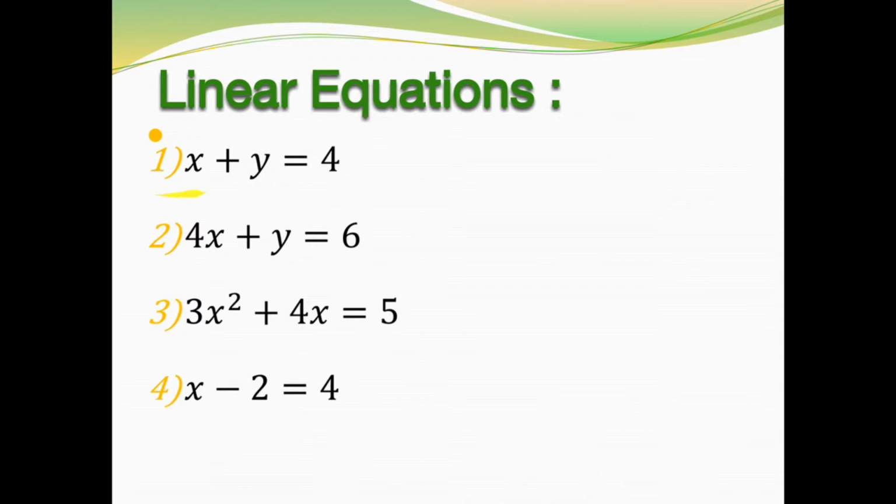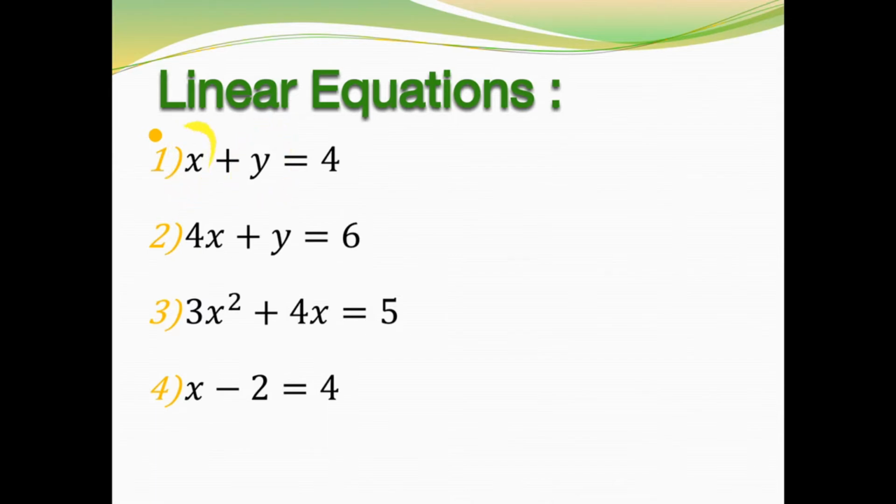Now, what is a linear equation? If the equation contains a variable, then we have to check the term which contains the variable. Corresponding to that term, the degree must be 1. Suppose here equation 1 contains two variables, in the first term and in the second term.